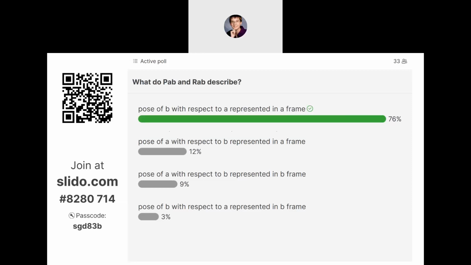Good. From our notation, this is the pose of B relative to A. In this case, we have the position of B relative to the A frame. This is the rotation matrix that would take something expressed in the B frame and convert it to the A frame.